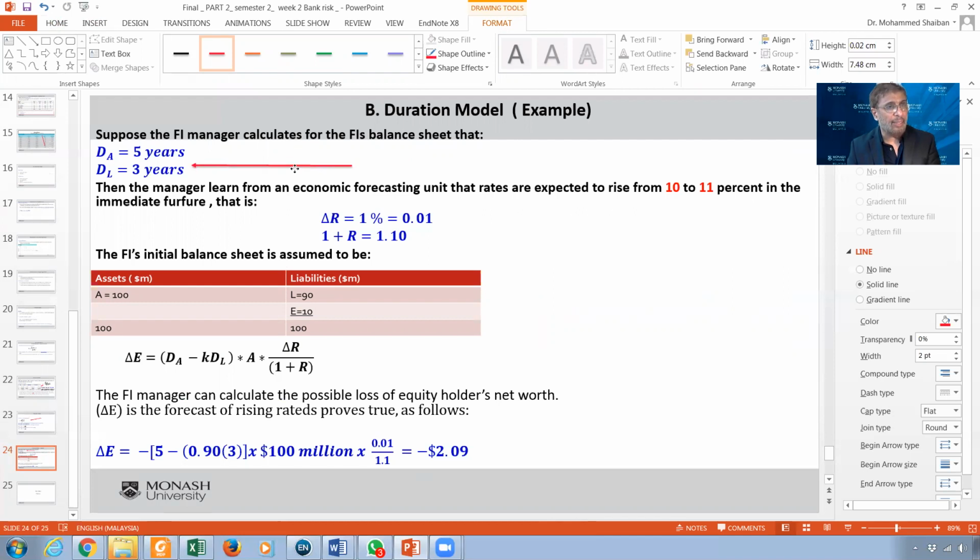Now I can calculate actually the change, and the interest rate increased, changes by 1%. Then I can calculate this formula, which I showed you before.